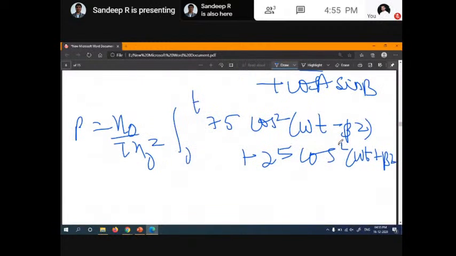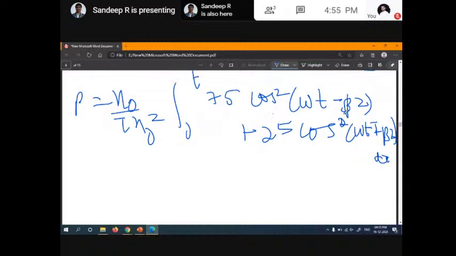So now you can square it, cos square of omega t minus beta z dt. This is the same expression, so you can add it and you will get 100 cos square of omega t minus beta z.